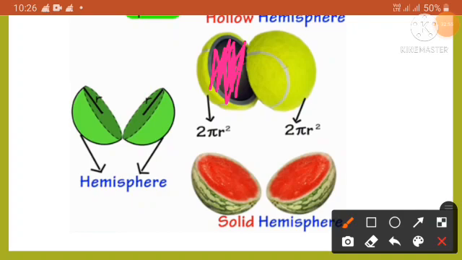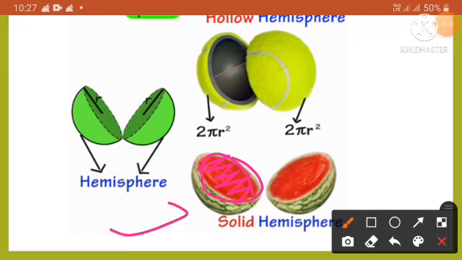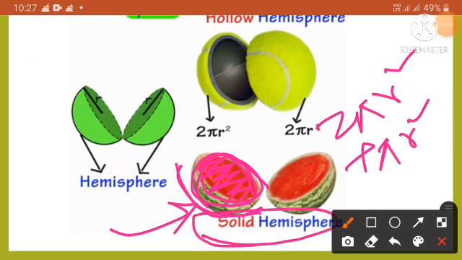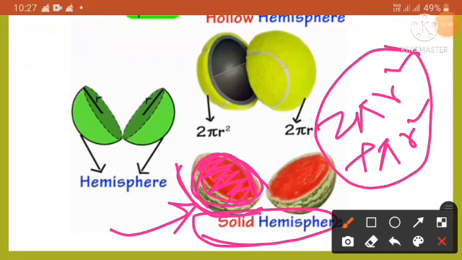But for a watermelon we will have the surface area of the base, which looks like a circular area. That means for a solid hemisphere the area will be curved surface area plus the base surface area. The curved surface area is 2 pi r square, and as the base is circular, the area will be pi r square. So for each solid hemisphere the total surface area will be 3 pi r square.